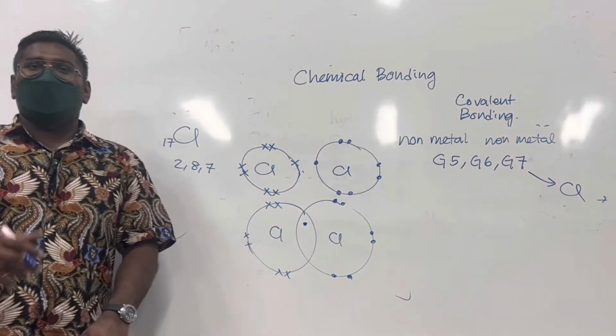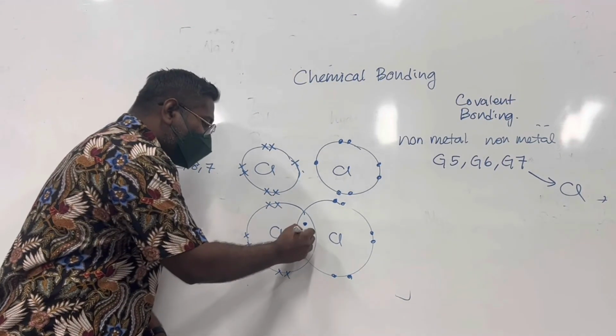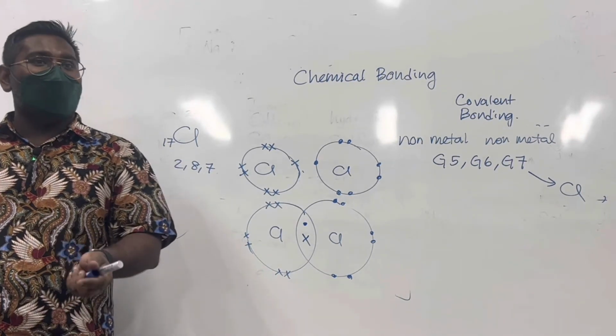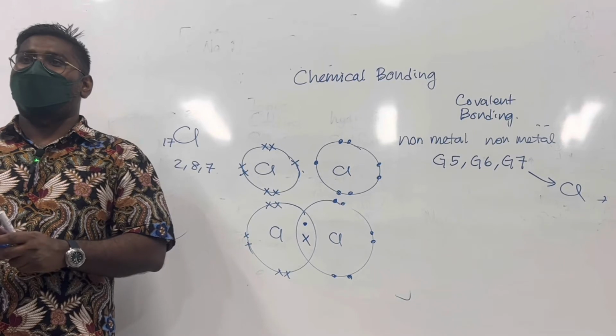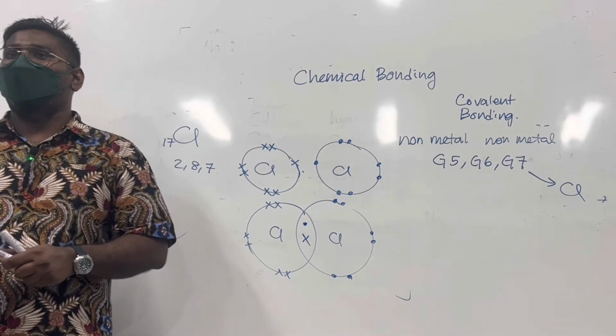This Cl has 7 electrons also, and that electron must be ready to be shared over there also. If you want to borrow, you must stand by with one. Each of them must be on standby.